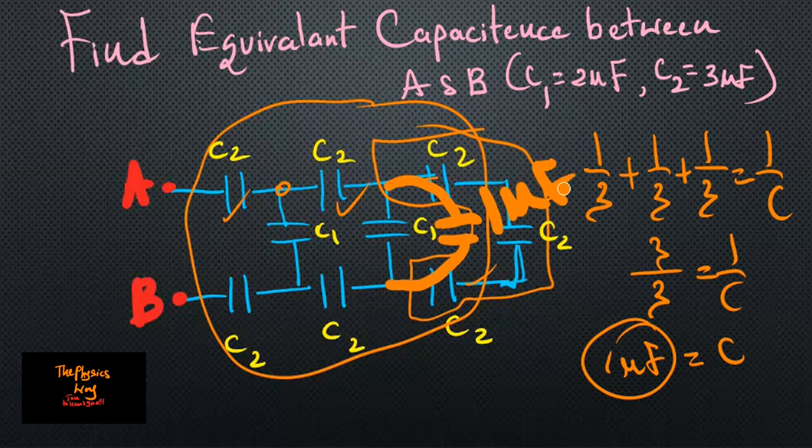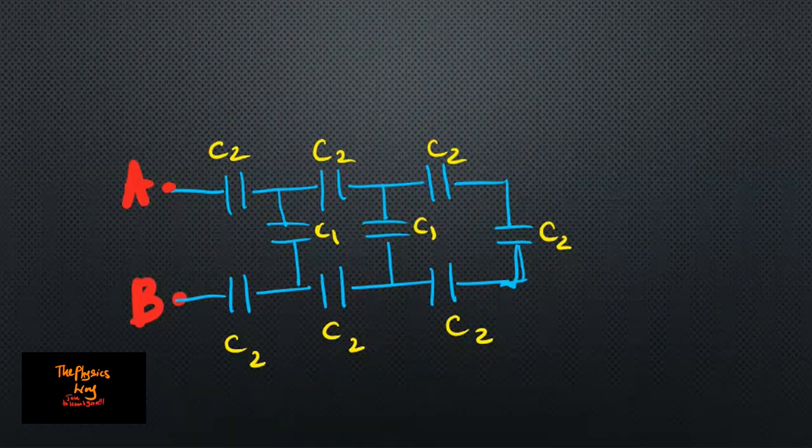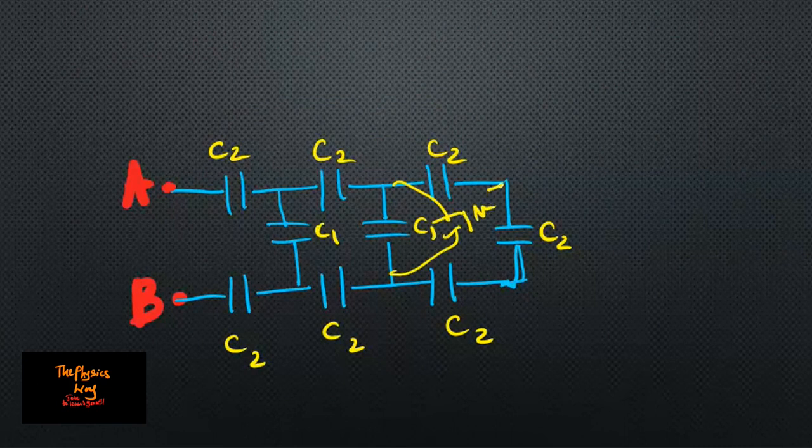That is in parallel with this C1 capacitor. The capacitance of C1 they have given as 2 microfarad. So this 2 microfarad and this 1 microfarad are parallel, and you know how to add parallel capacitors.